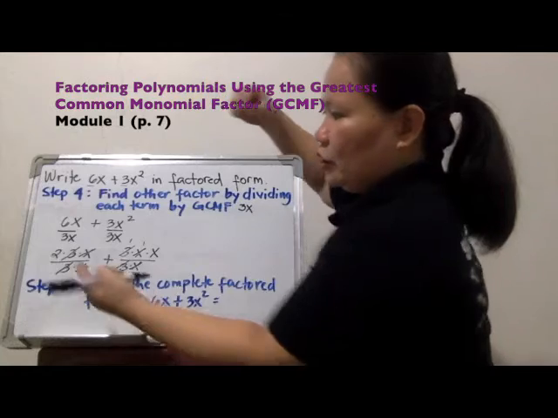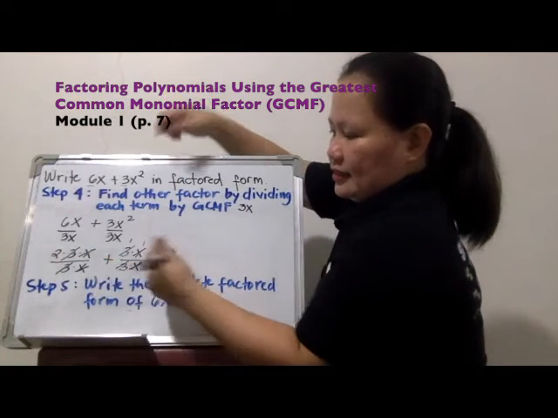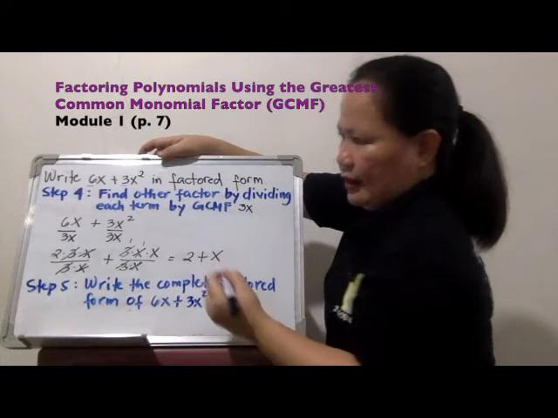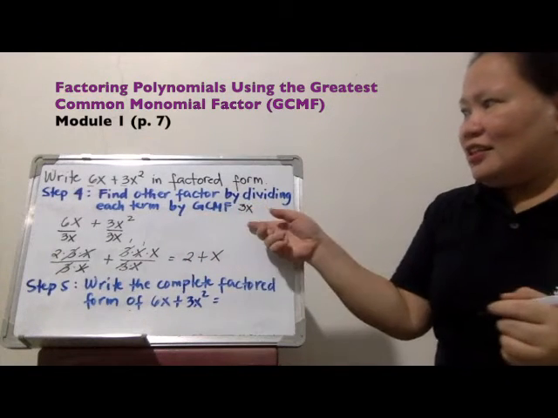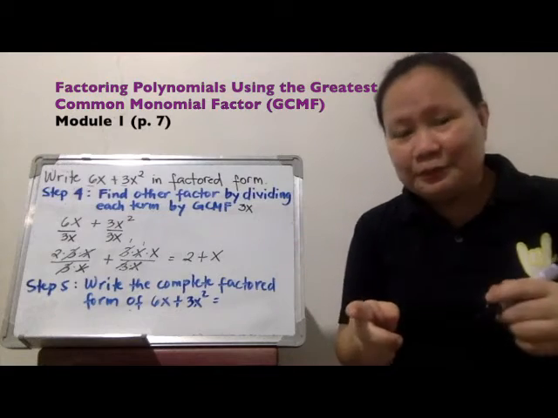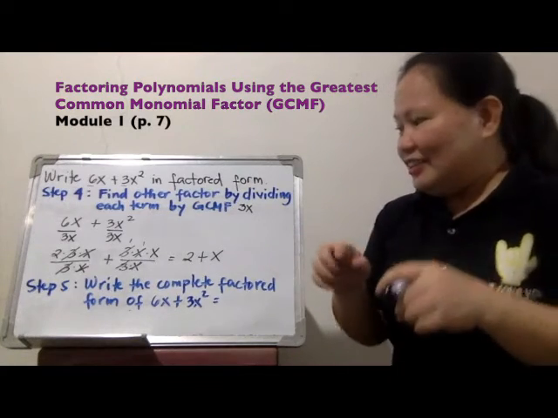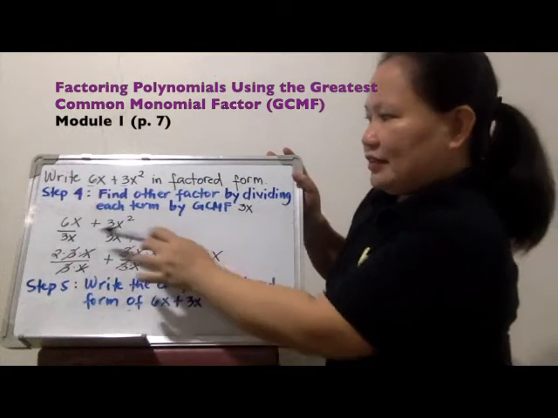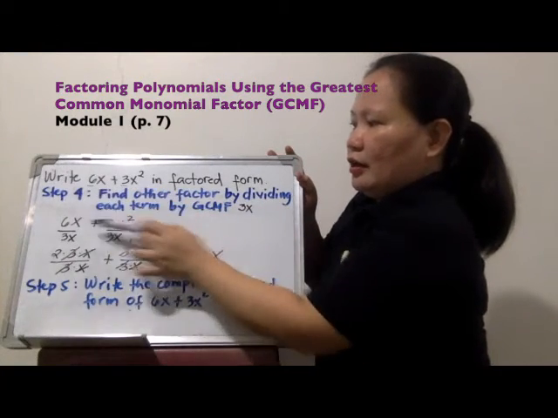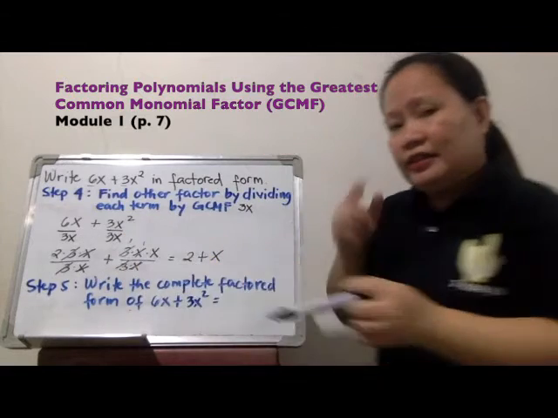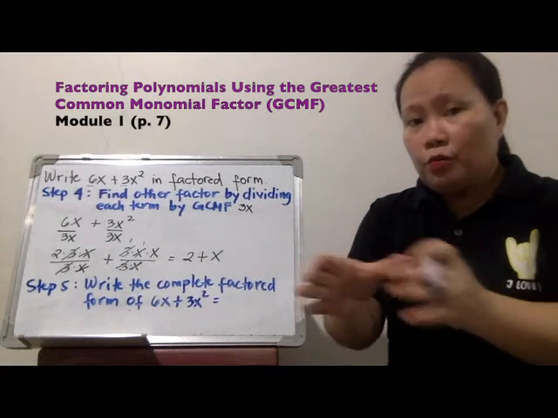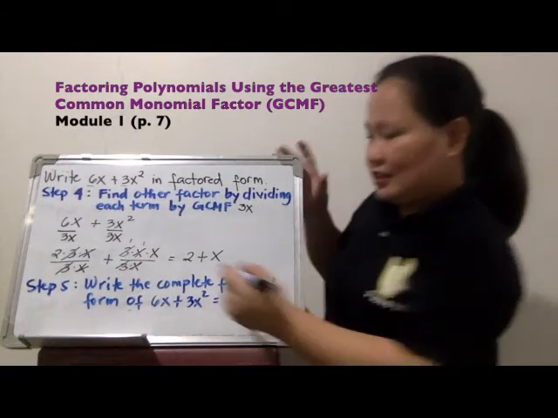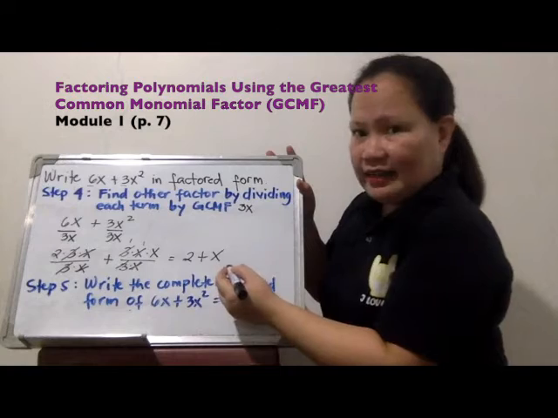And then 2 plus x. So this is the quotient when we divide this polynomial by the greatest common monomial factor, which is 3x. So it's 2 plus x.